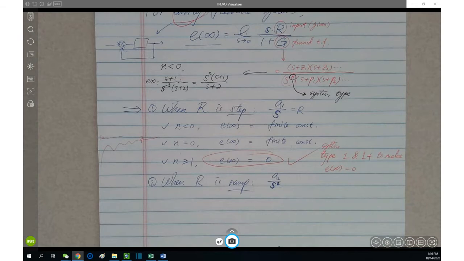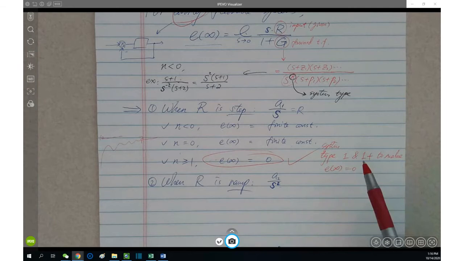So you're observing the system type. Well, this system type is 2. Guess what? To step input, there's no steady state error for sure. Very happy to see that.